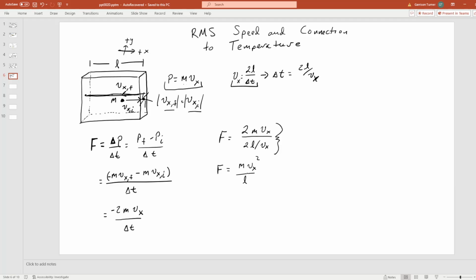But what happens now if we fill our container with particles? What's the average force exerted by a total of n particles?